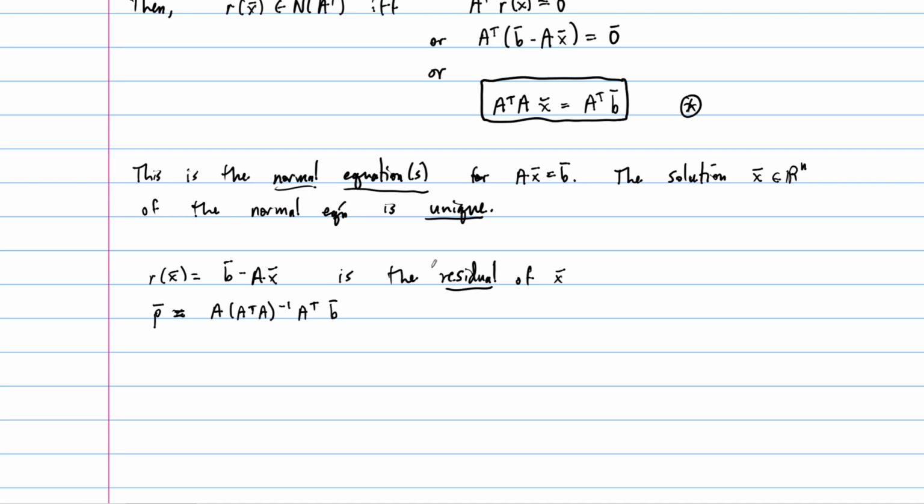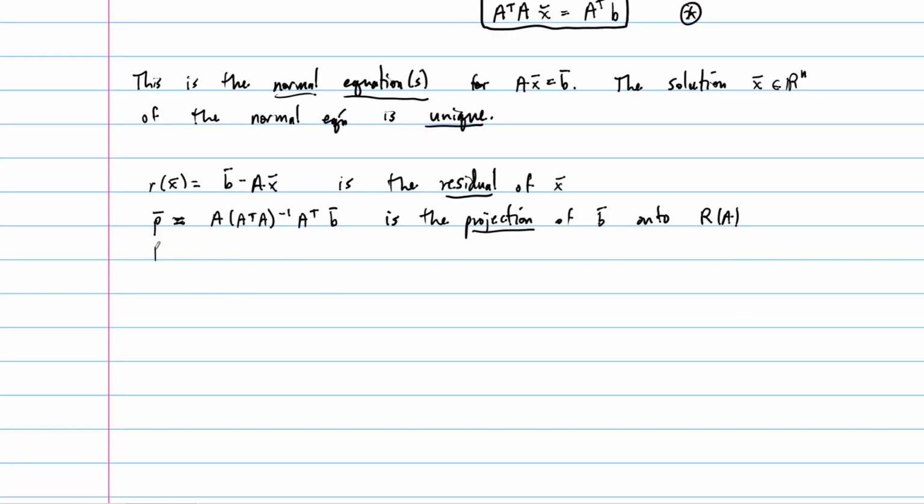You can almost see how you get this from the equation right here. This vector is the projection of b onto the image space of A, so onto R of A.